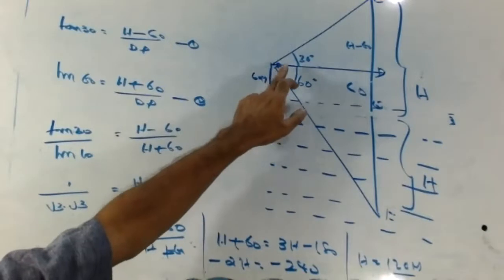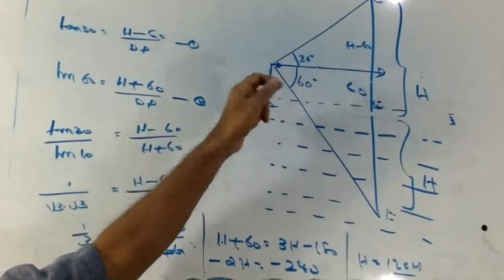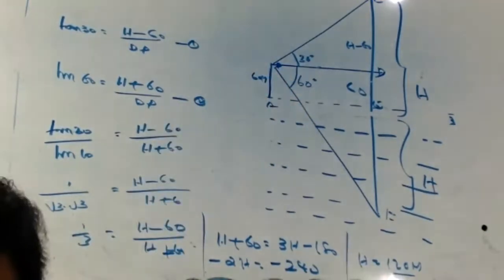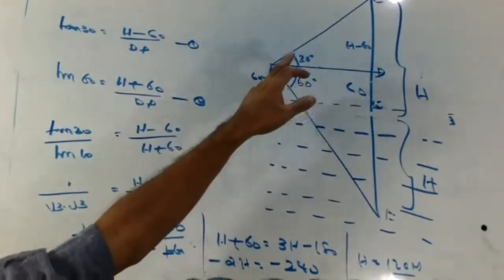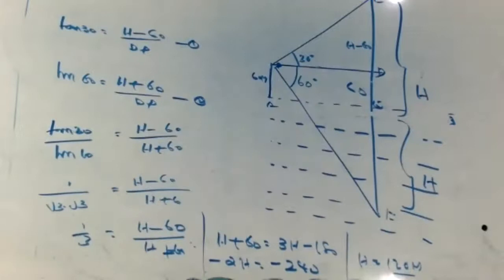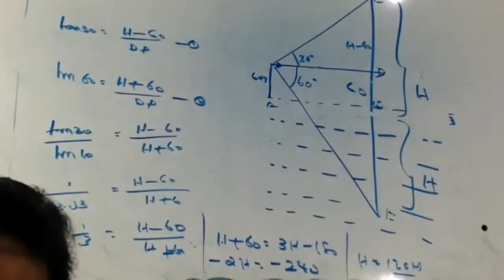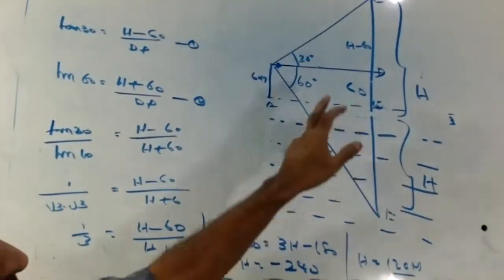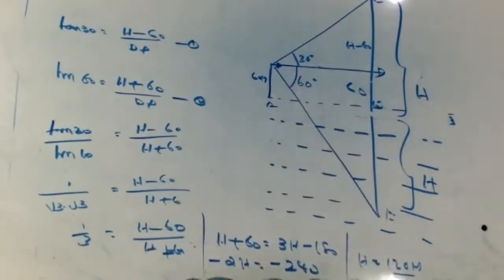The position is at P. From there, he viewed a cloud at an angle of elevation of 30 degrees. The cloud is at C, so this is 30 degrees. Then its reflection in the lake is at 60 degrees. This angle is 60 degrees. Then we have to find the height of the cloud. This is the question. We assume that the distance to the object and the distance to the image are the same.